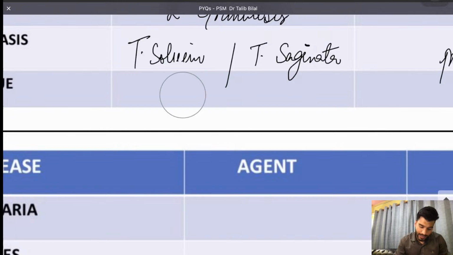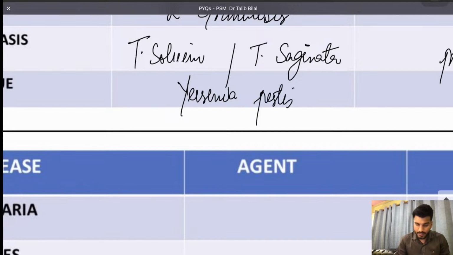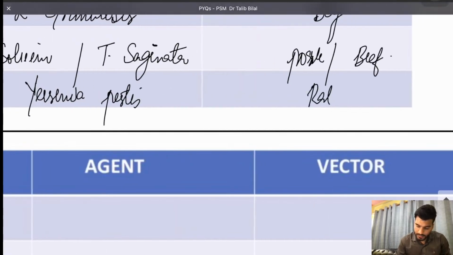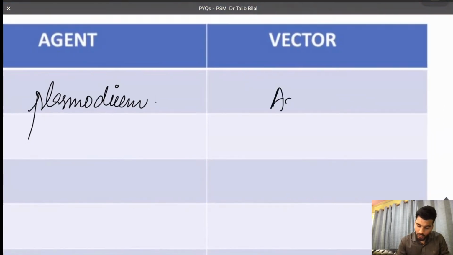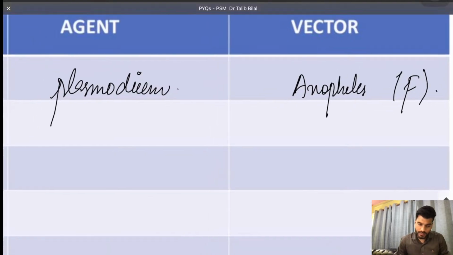For plague, what is the vector, guys? For plague, it's Yersinia pestis, and the vector is the rat flea. For malaria, my dear students, the agent is Plasmodium. It can be any Plasmodium: Plasmodium falciparum, Plasmodium ovale, Plasmodium vivax. The vector is the female Anopheles.